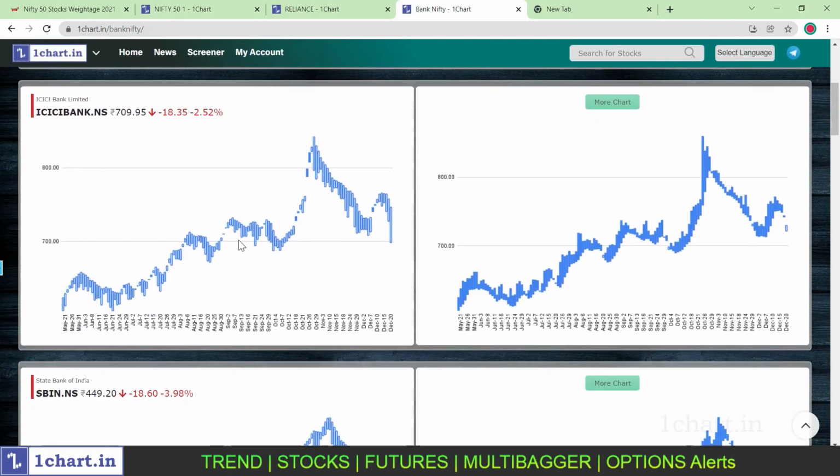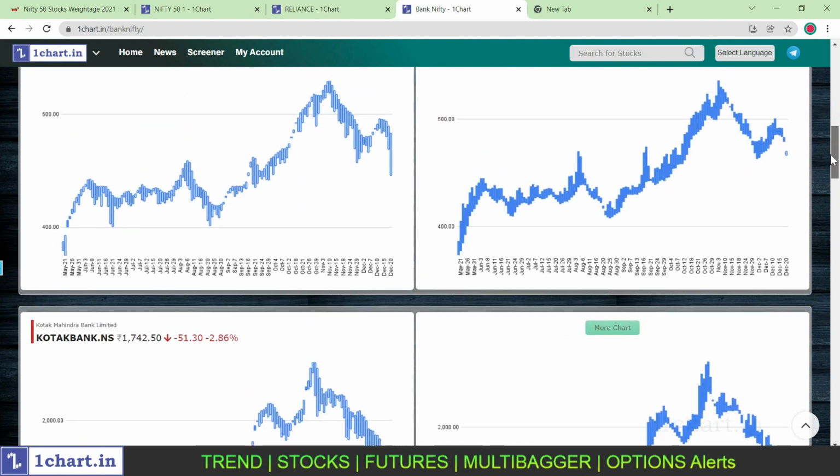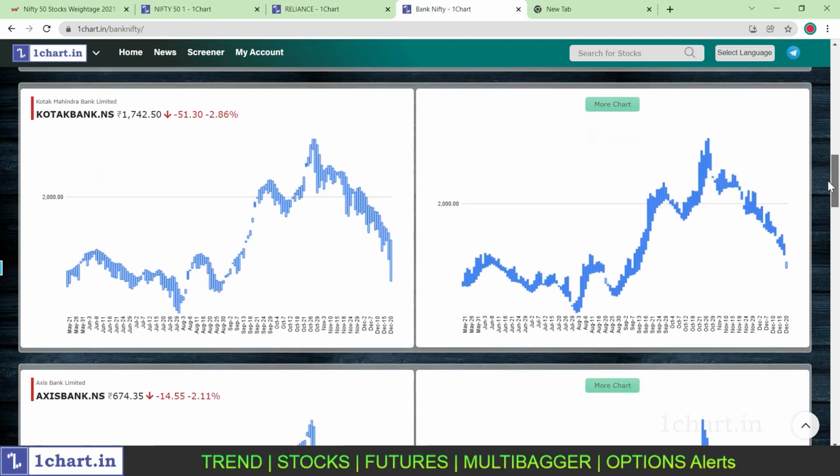So here also uptrend formation in August. August, September. So this is also a bull run. Kotak Bank gap dot formation happened in uptrend direction.